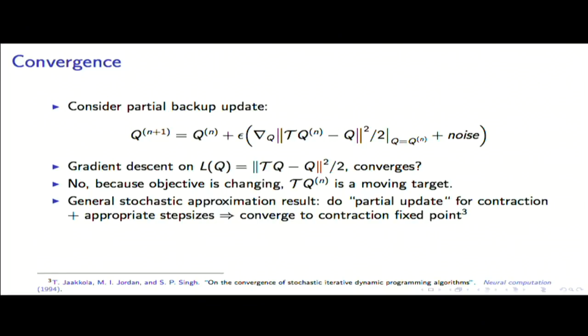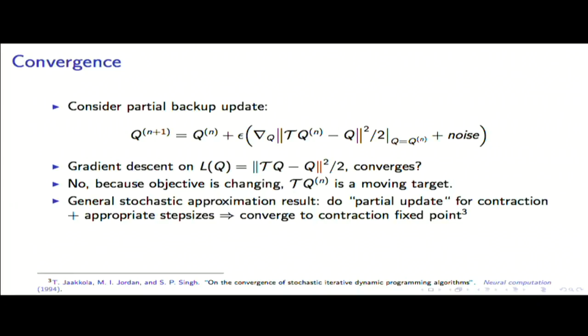This isn't exactly what the result says, but it is what the result implies. If you have a contraction and you do a partial version of that contraction, meaning you do epsilon times the contraction operator plus 1 minus epsilon times your old value, and you have a noisy estimate of the contracted value, then this will converge to the fixed point of the contraction.